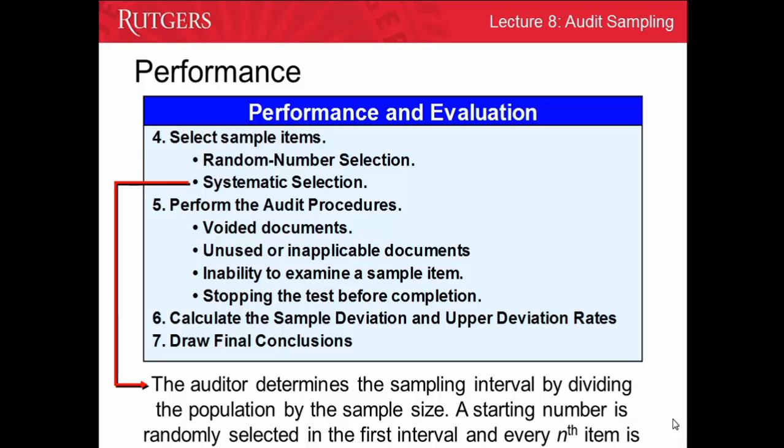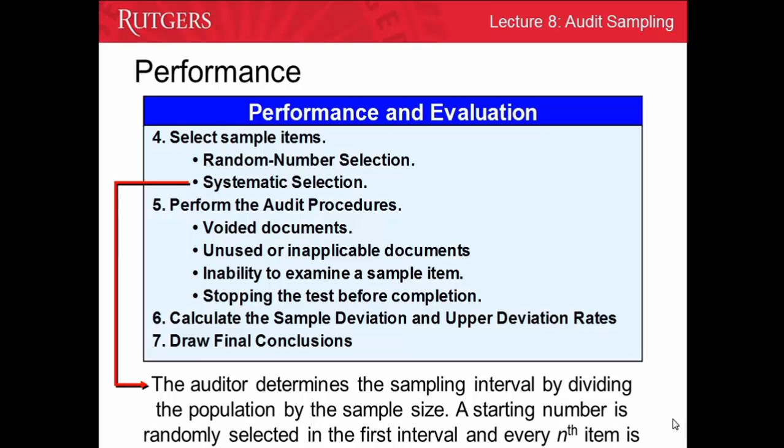When using a systematic selection approach to select a sample, the auditor determines a sampling interval by dividing the sampling population by the sample size. A starting number is selected in the first interval, and then every nth item is selected. When a random starting point is used, systematic selection provides a sample where every sampling unit has an equal chance of being selected.